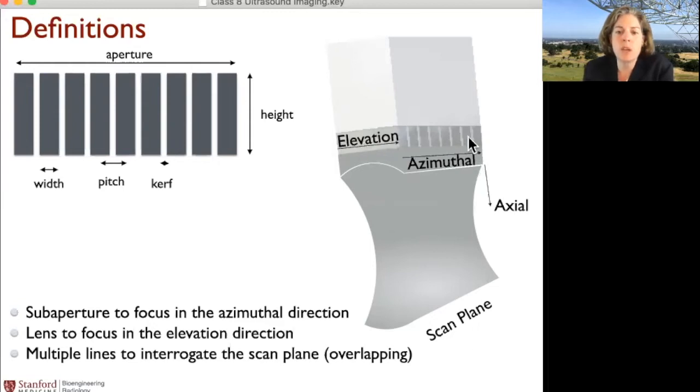To do that with a 2D array, you'd end up with a pretty large transducer. It's heavy for the technologist to hold. There's a lot of wires going into it. Another way to do it is to take a 1D array like this one, and then set it up in a system so that you could swing it back and forth and get multiple planes that come out sort of radially from an axis point.